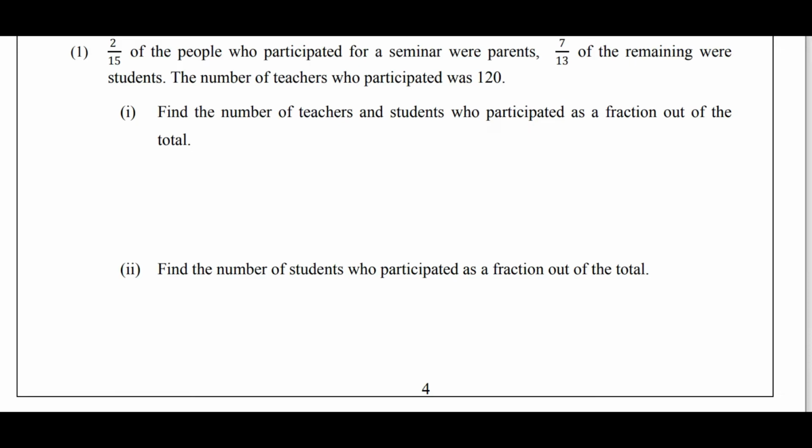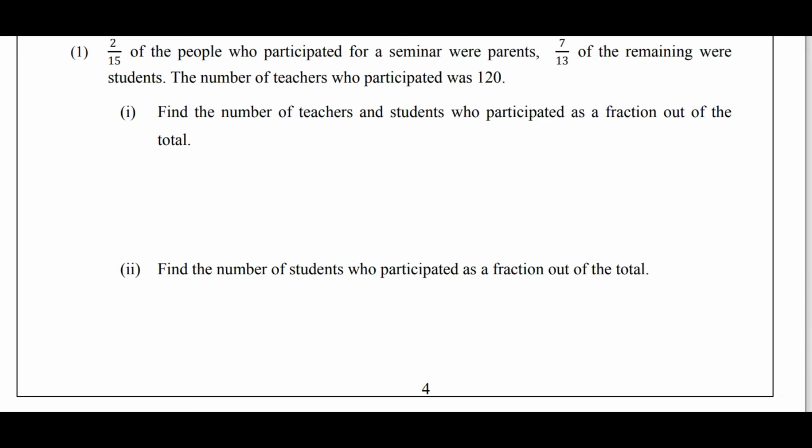As the first one, we have a fraction question about the participants of a seminar. 2 out of 15 of the people who participated in a seminar were parents, and 7 out of 13 of the remaining were students. The number of teachers who participated was 180.